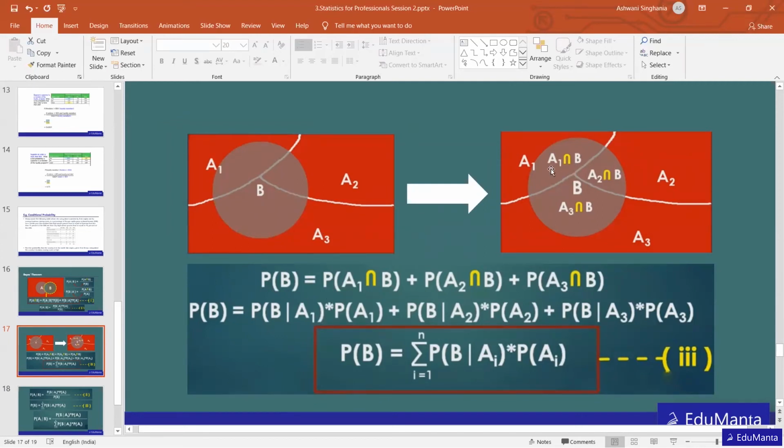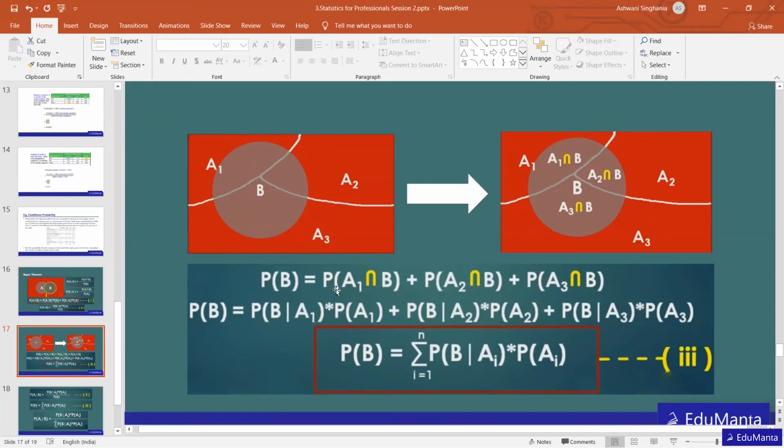Probability of A1 intersection B, and then probability of A2 intersection B, and then probability of A3 intersection B. So I'm just trying to derive the probability of B from this figure. This will be the derivation for that, and from here we can break it.